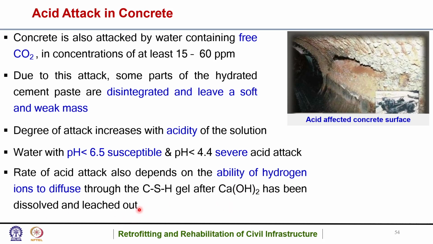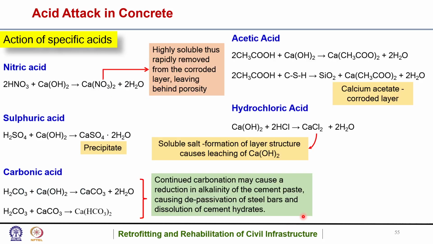After the removal, hydrogen ions also diffuse through the CSH gel, which may result in disintegration. That damages the concrete and reduces its strength. These are some of the reactions which occur in acid attack in concrete.